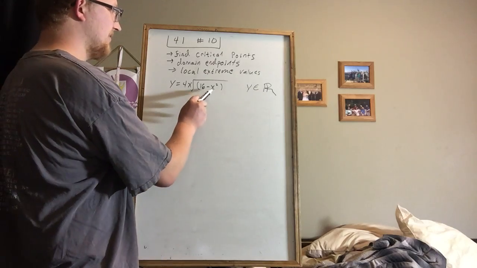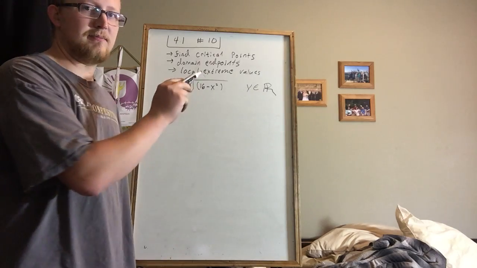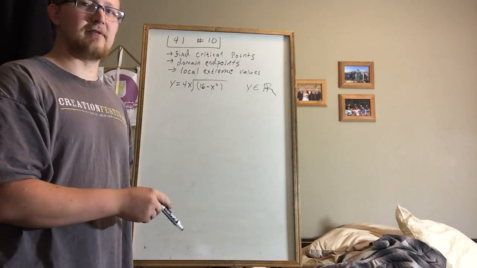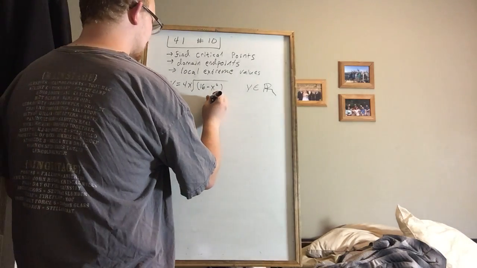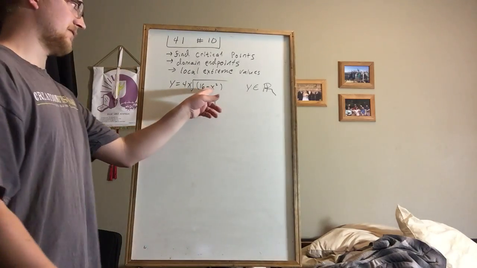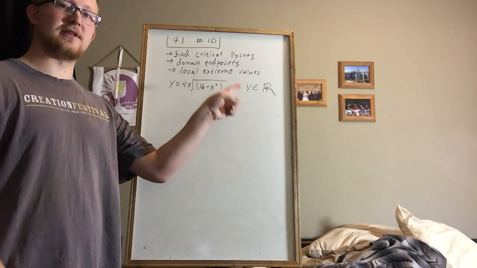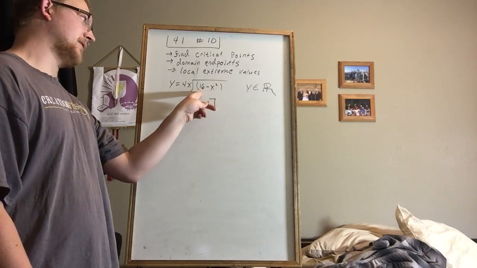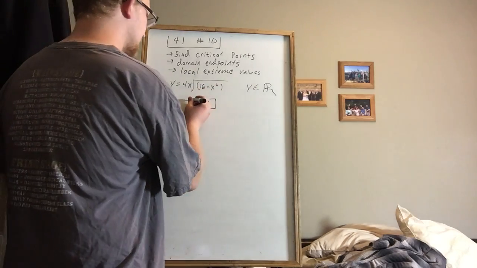And what you'll notice is if I put any number in here bigger than 4, what we'll end up with is a negative under the radical. So I cannot have numbers bigger than 4. And you'll also notice if you put a negative number that's slightly less than negative 4, like say negative 4.1, you'll end up with a negative under the radical as well.